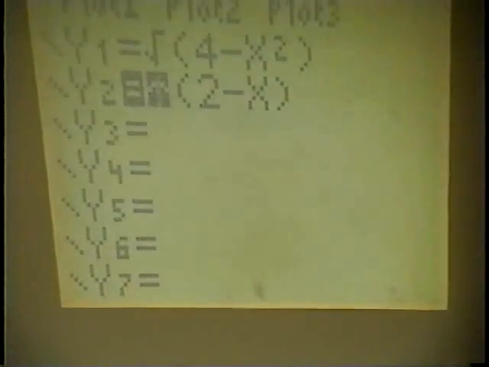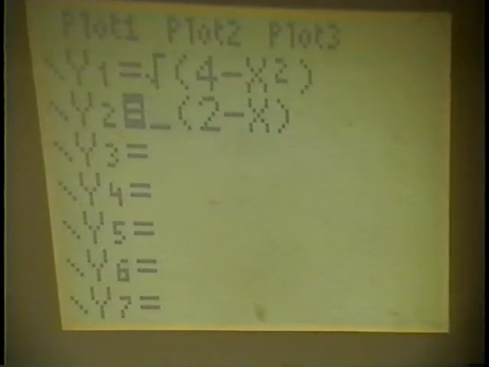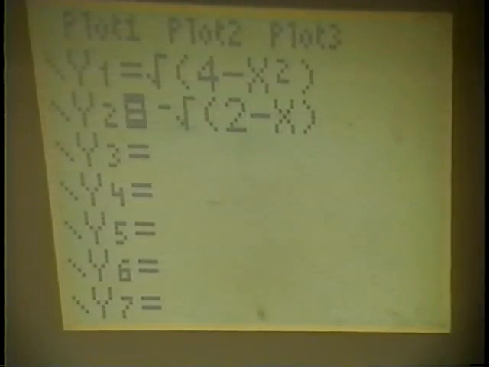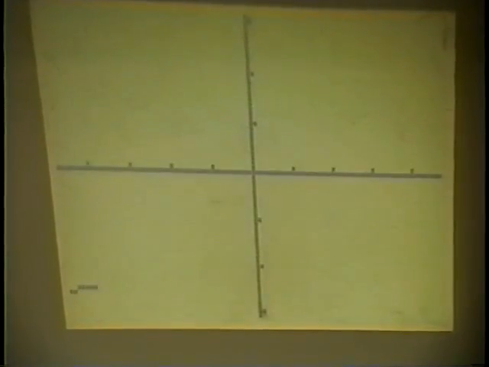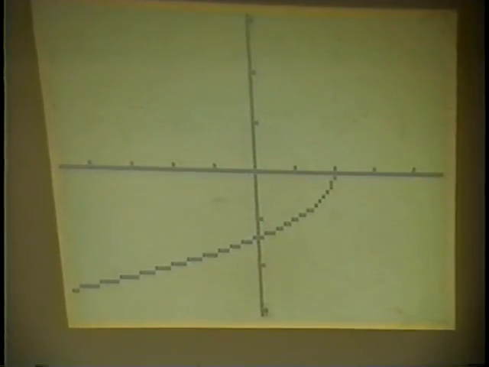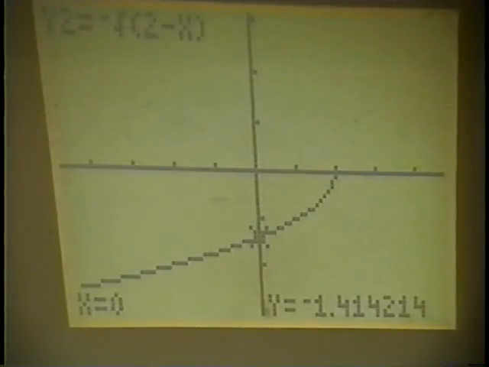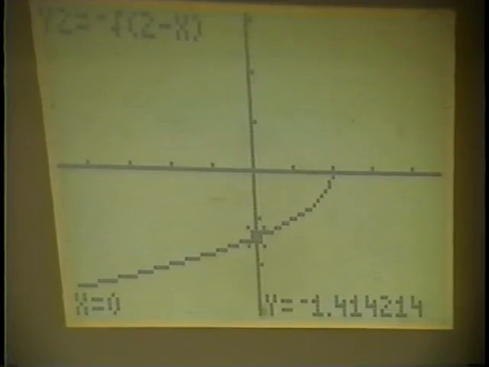So second, insert, the negative sign, and now it should be fine. And if I graph this, I should get now only the bottom half of that parabola, because it's the negative square root. If I ask it to trace it, it'll tell me it's now sketching the graph of y equals negative square root of 2 minus x.